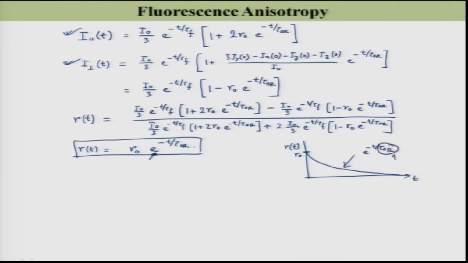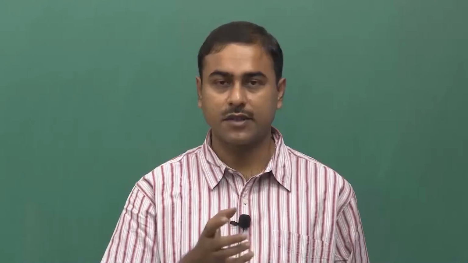So, you will get this orientational relaxation time. Now, if you are interested in this anisotropy, that is, how easily the molecules actually reorient, then you can do this kind of prescription and get this tau r value.